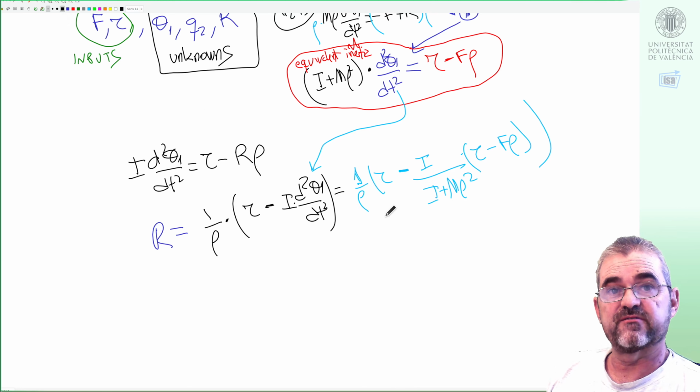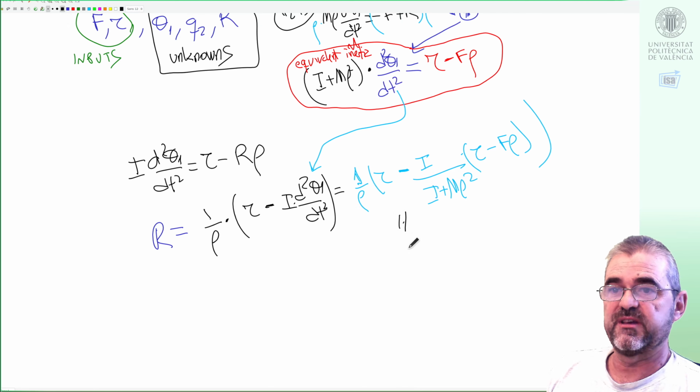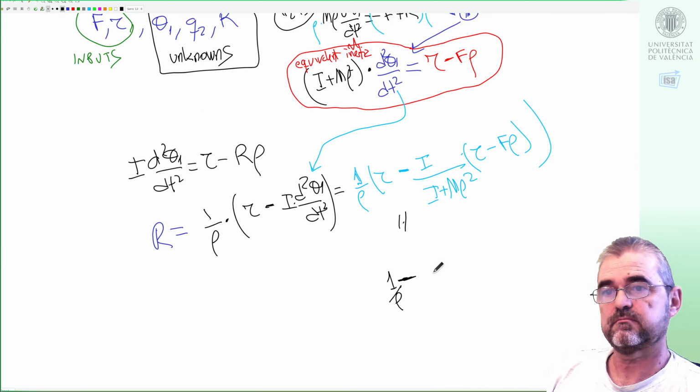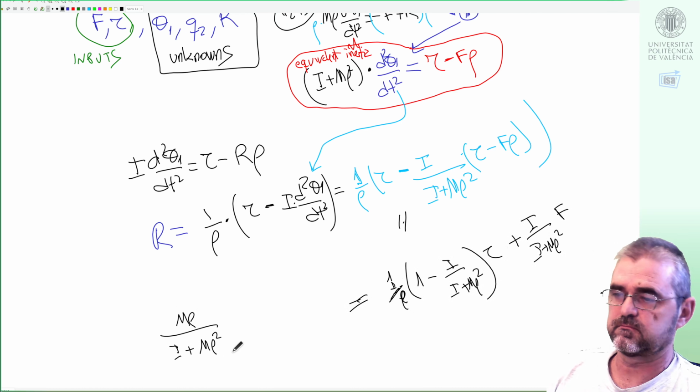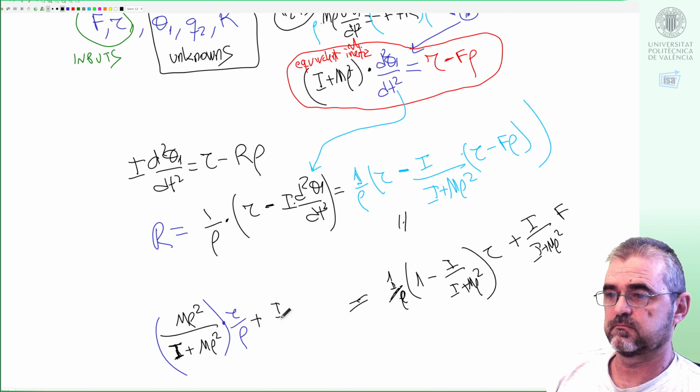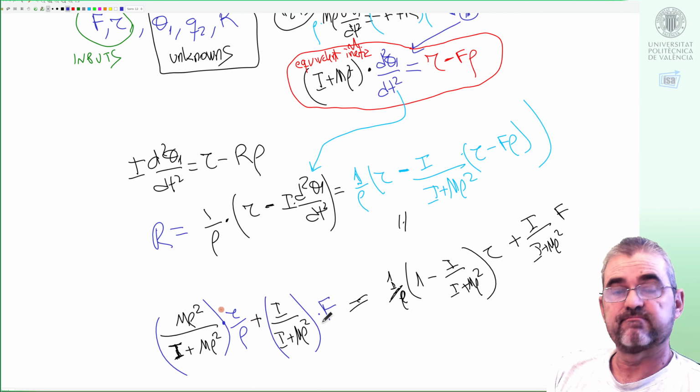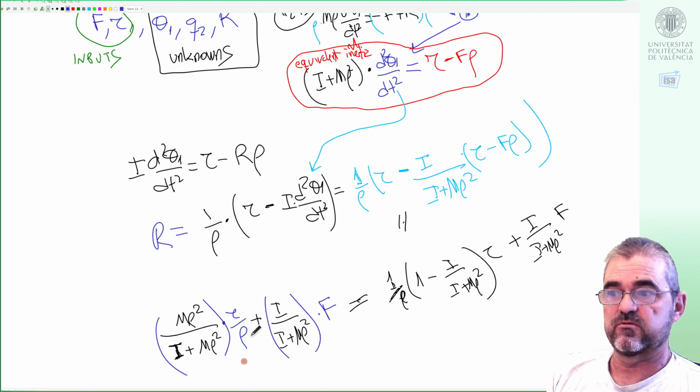So if I do a little bit of cleanup, it will be this expression involving f and tau. I divide by rho to have force equivalent expressions, so this is kind of a convex combination of the inertia and the m rho squared.